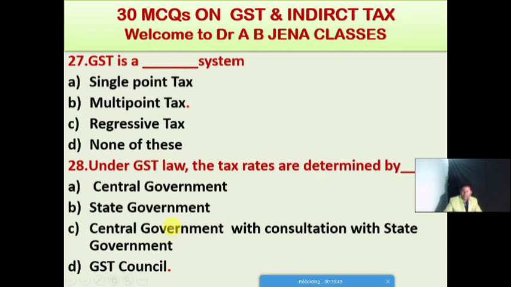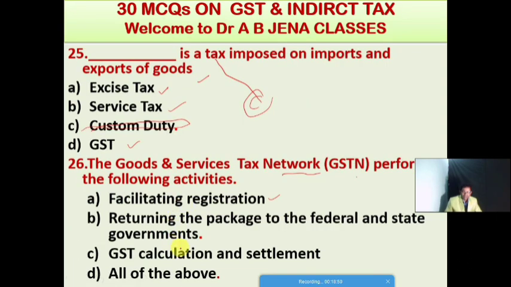Third, GST calculation and settlement. D, all the above. So dear friends, D is the right answer. The Goods and Services Tax Network facilitates registration, return filing to the federal and state governments, and GST calculation and settlement. So the right option will be D.